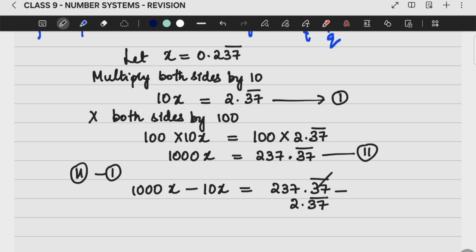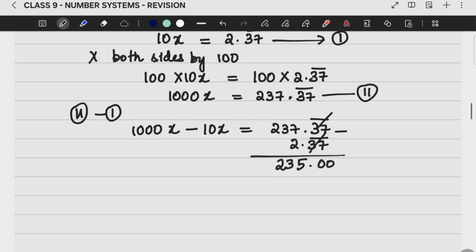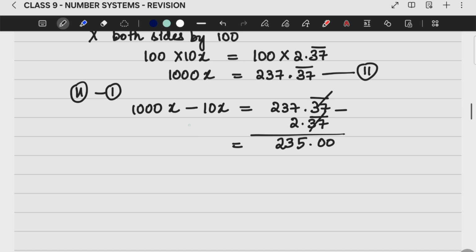These 0.37 bar would get cancelled and you will get 235. In the LHS you will have 1000 minus 10 is nothing but 990x. So x is nothing but 235 divided by 990.